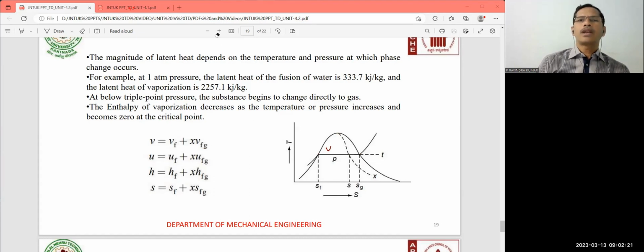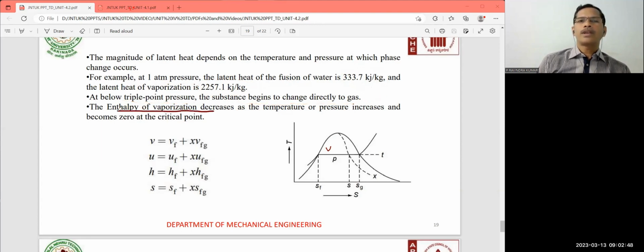And one more point that I need to discuss: at 1 atmosphere pressure, the latent heat of fusion of water is a standard value. A student has to remember it as the standard. Latent heat of fusion of ice is 333.7, whereas the latent heat of vaporization is 2255.5 or 2256 kilojoule per kg, right? Below the triple point pressure, a substance begins to change directly to the gas.